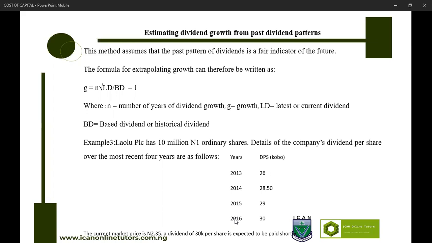How many years do we have for this historical dividend? They will tell us that the dividend for the past 8 years was such and such. If the information is given like that, the number of years given to us will just be used straightforwardly. I believe you understand that.